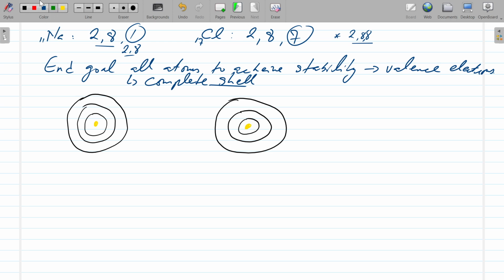And so what you're doing here, this is sodium with the 2, 8, 1, and this is chlorine with the 2, 8, 7. And you draw what is called a dot and cross diagram.